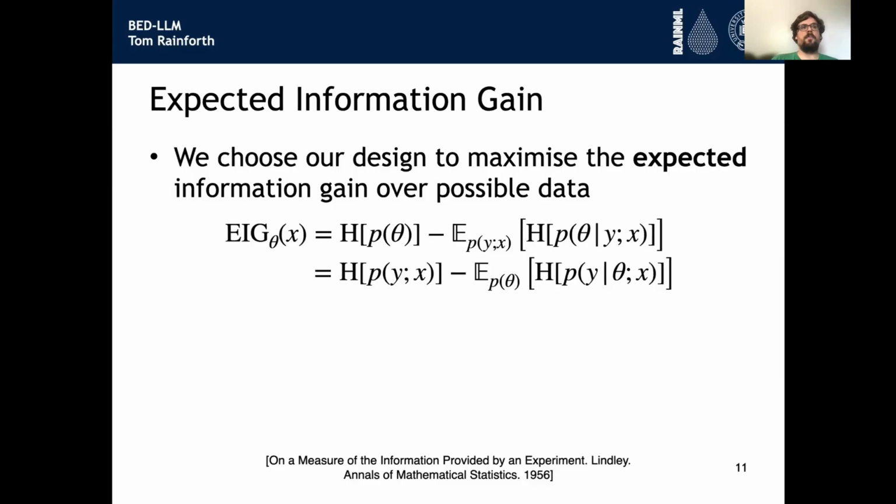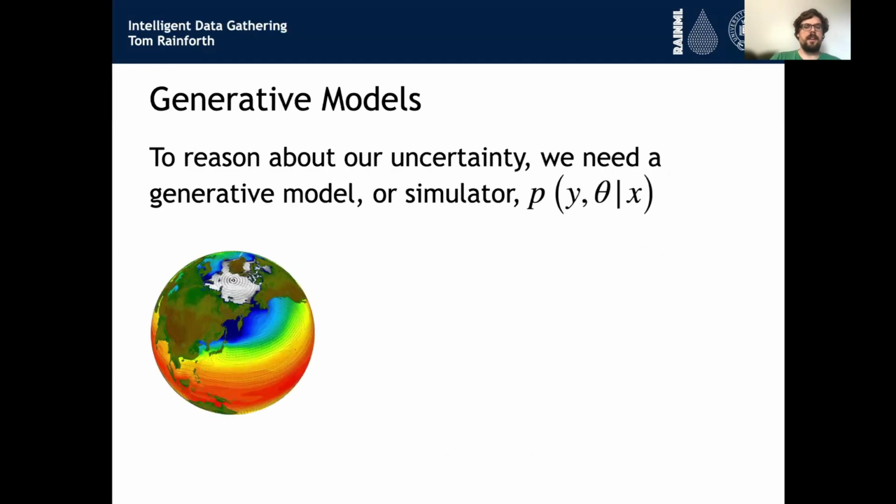So in the second form, we can't get away from having probabilities and entropies of our likelihood, but we can just sample from the prior. And in the top form, we can just sample from the data, but we actually need to evaluate probabilities and entropies of the posterior.